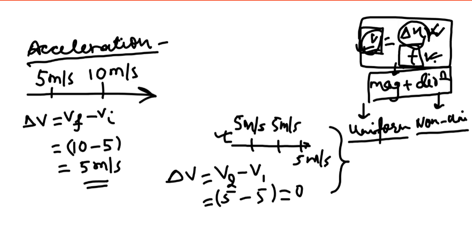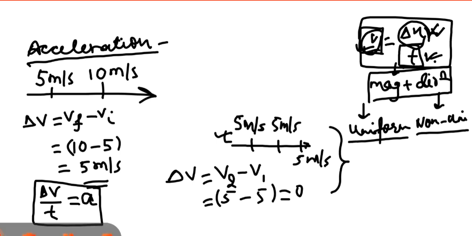Obviously here as well, when we take change in velocity divided by time, we will get a new physical quantity, and that physical quantity is known as acceleration, which we will be studying in this video. Okay, so now here students, let us understand acceleration. Now we have connected the two things, that is velocity and acceleration.